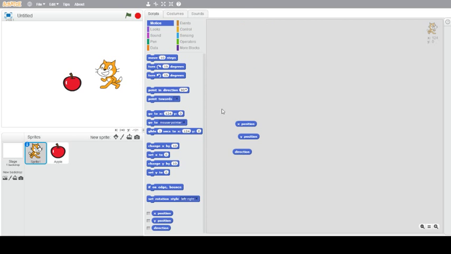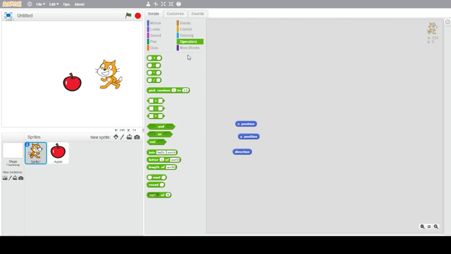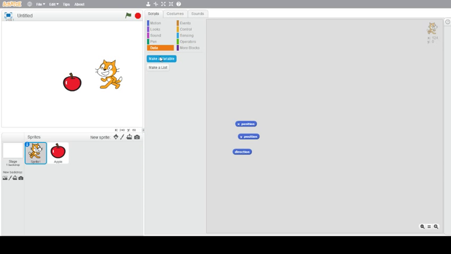So the next things we have to talk about are kind of difficult to grasp. These are the bubble things. They're generally used with operators, these things here, or variables.